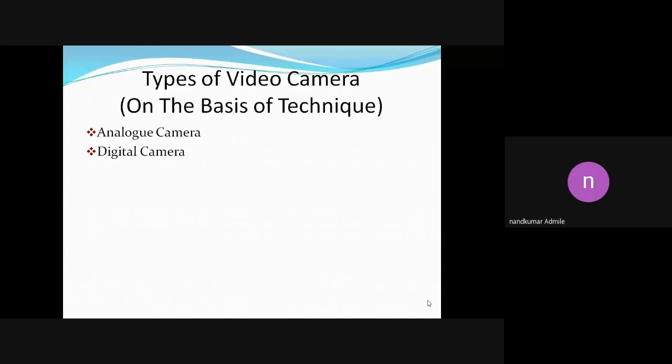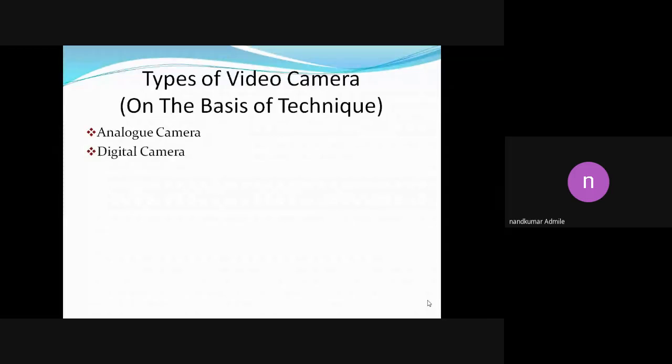By using the digital camera, we can capture the video at any instant at any position. It does not require the huge setup. It does not require the various wire connections. For that purpose, nowadays, we use the digital camera.